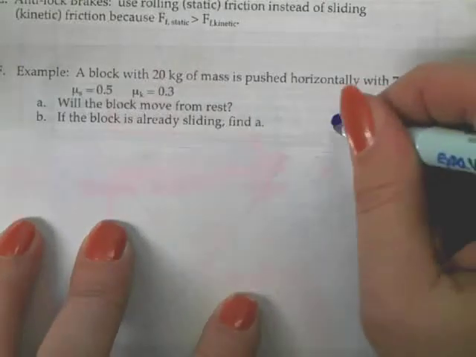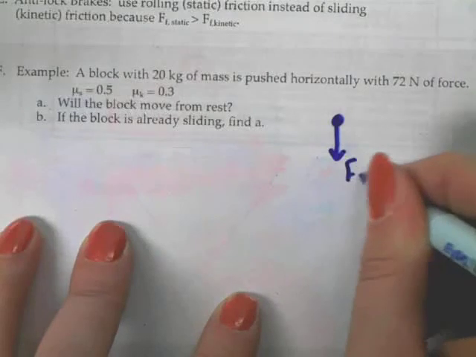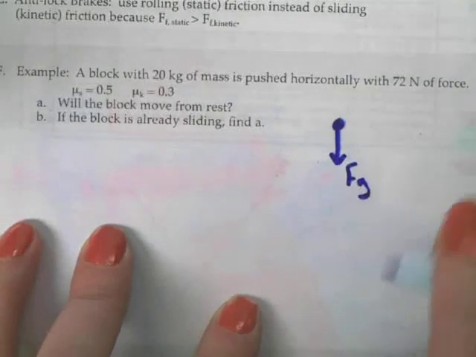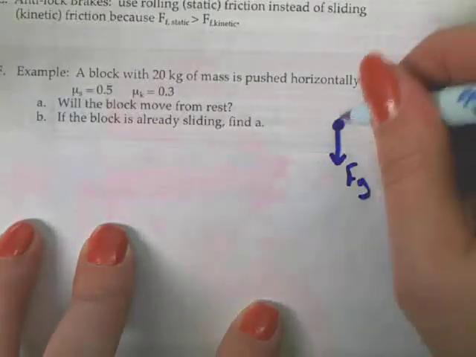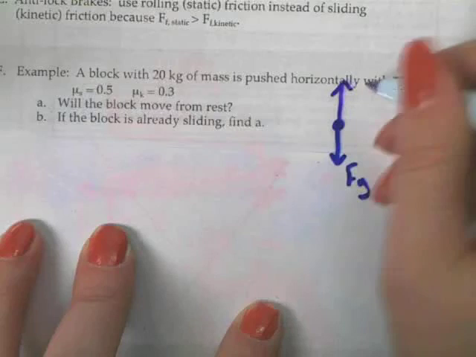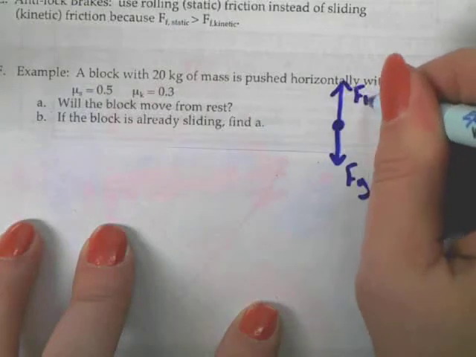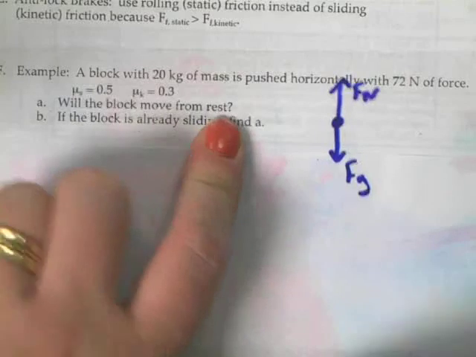1, 2, 3, or 4 forces acting on this block, this mass. So we know there's the weight. You guys disagree with how many forces, so let's analyze this. The force of gravity. What do you know about the forces in the y direction? Balanced or unbalanced? Balanced. So what kind of force is up that's balancing out the weight?